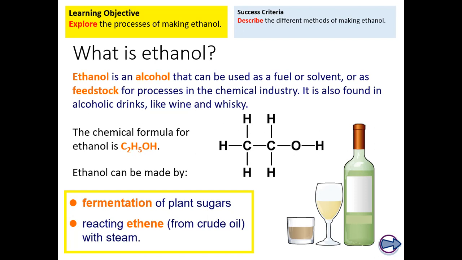For ethanol for fuel, we use simple sugar cane, because it's the sugar that will undergo the fermentation and create the ethanol that we need. And then we can react ethene with steam and come up with it that way.